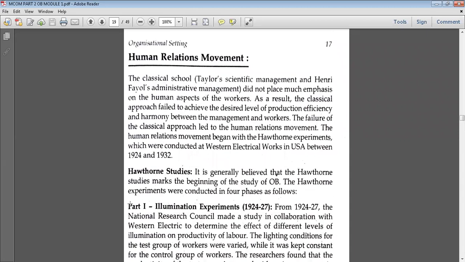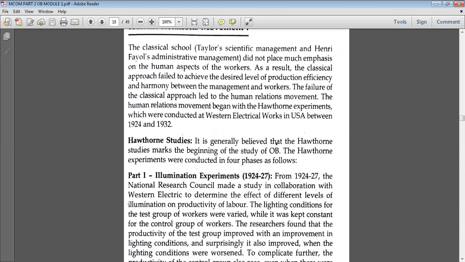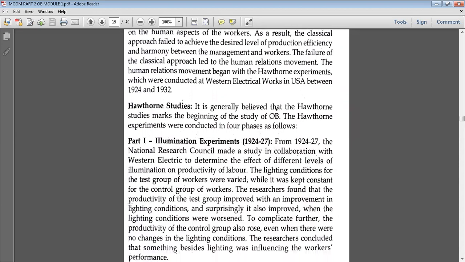The company's name is Western Electric Works. They tried to understand the relationship between the employees working there. This study is considered to be the beginning of the study of organizational behavior.